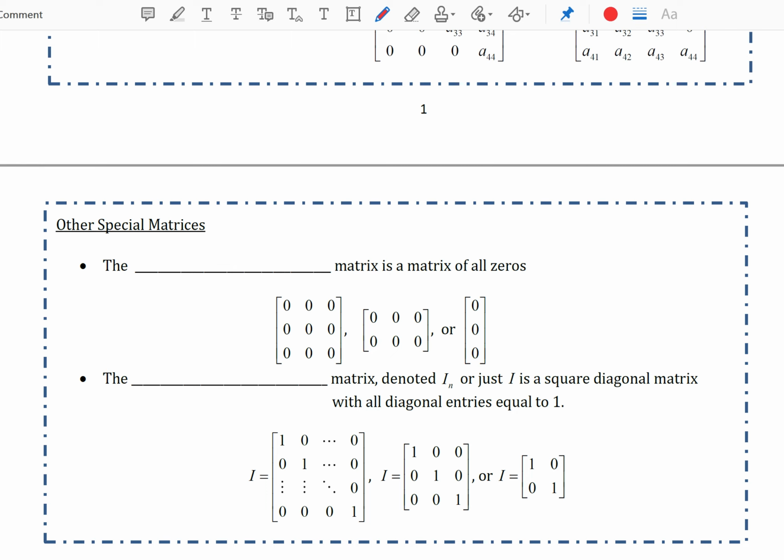Other special matrices that we talk about are the zero matrix. A zero matrix is a matrix of all zeros.